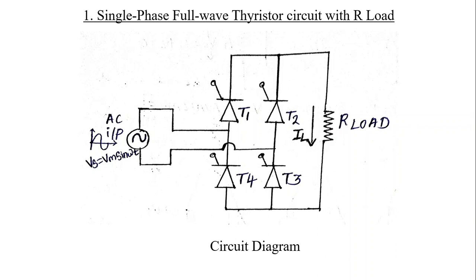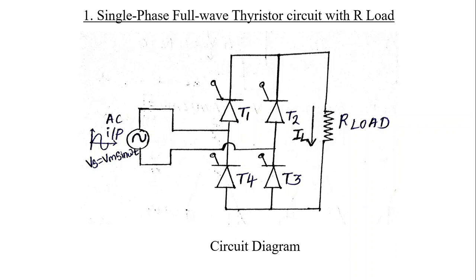Then during continuous conduction mode, the four thyristors are constantly being switched as alternate pairs to maintain the average or equivalent DC output voltage.